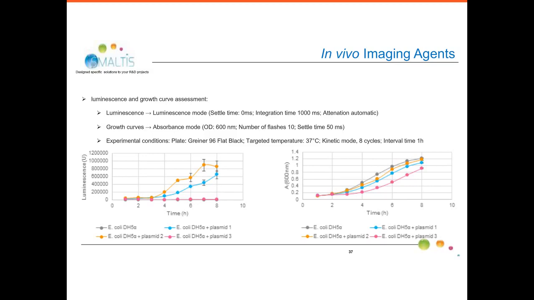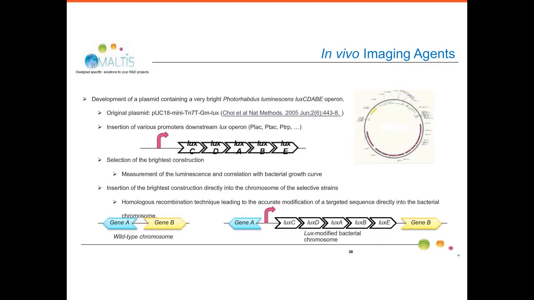So we have selected the brightest, here the orange one, and we have introduced it directly into the chromosome of our selected strains. To do this, we have used a homologous recombination technique leading to the accurate modification of a targeted sequence directly in the bacterial chromosome.